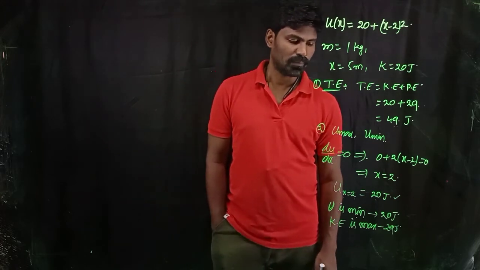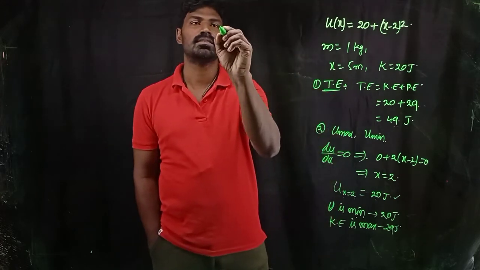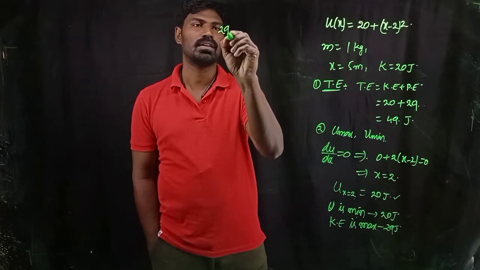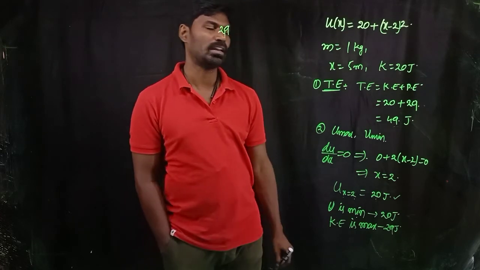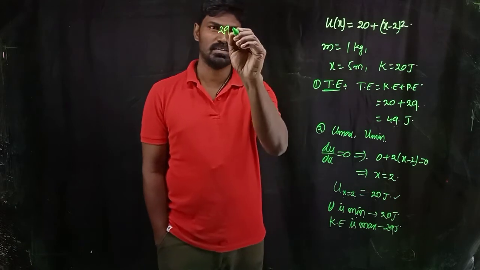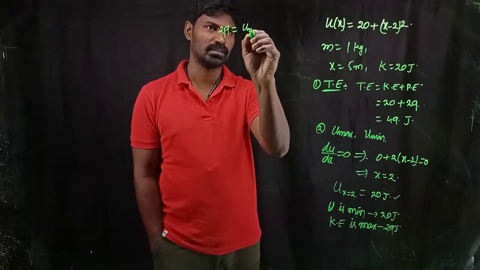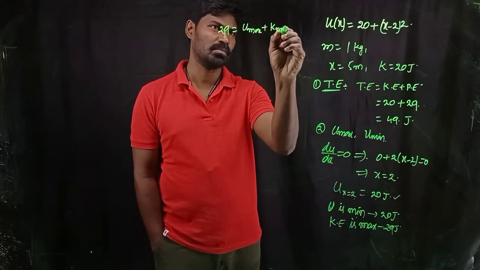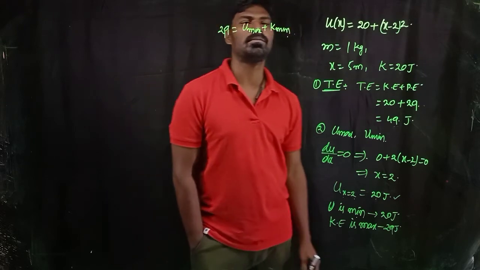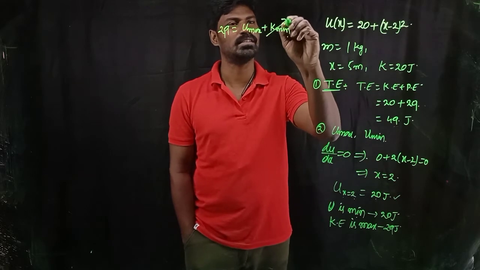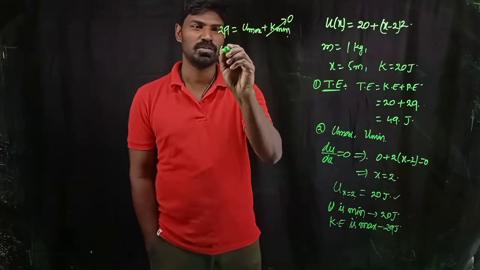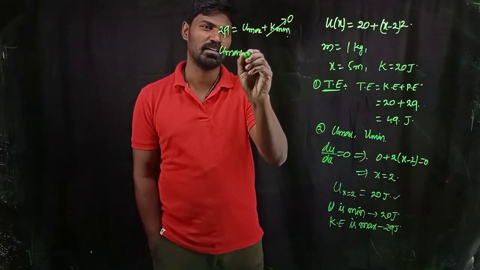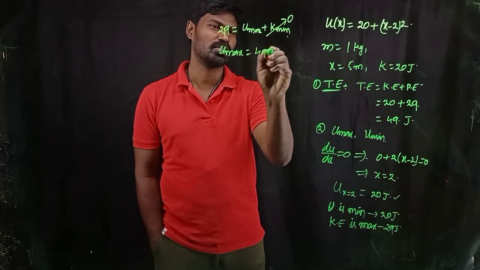Therefore total energy, 49 joules, is equal to U max plus K minimum. So what is the minimum possible value of kinetic energy? Obviously it is 0 only, because of which U max, the maximum possible value of U, is 49 joules.